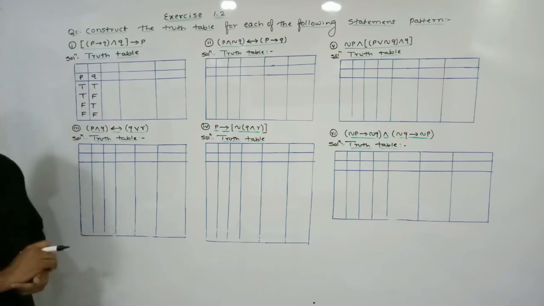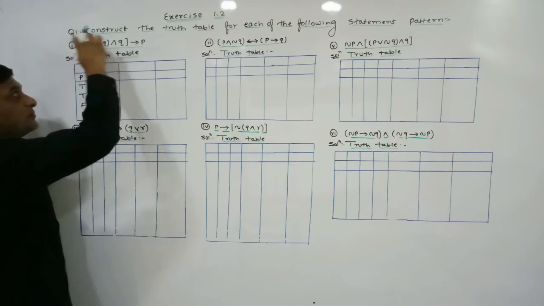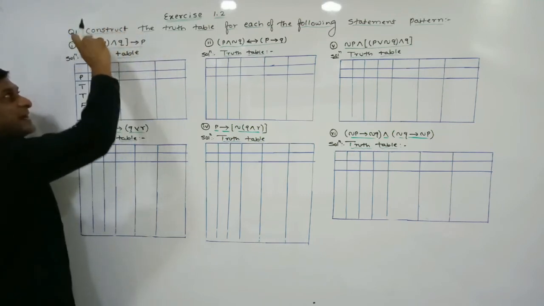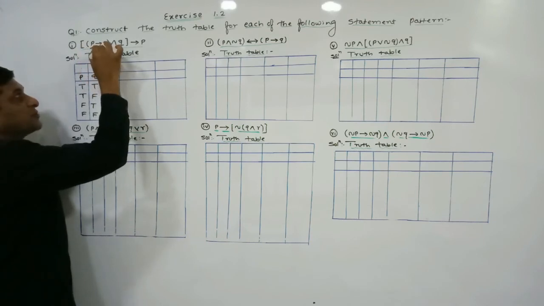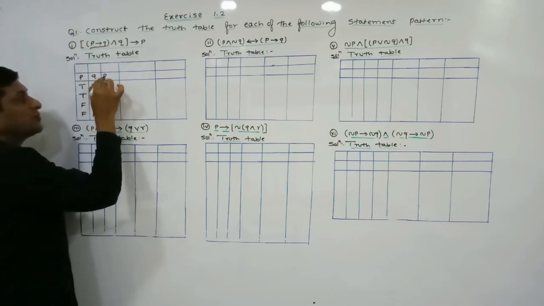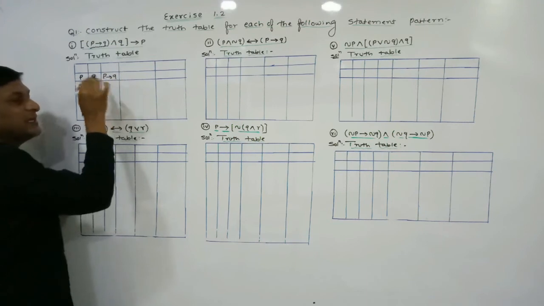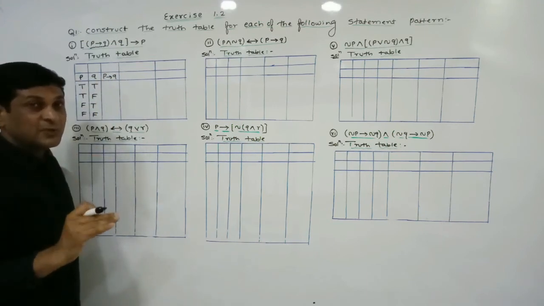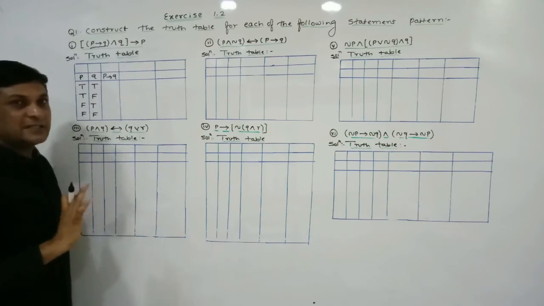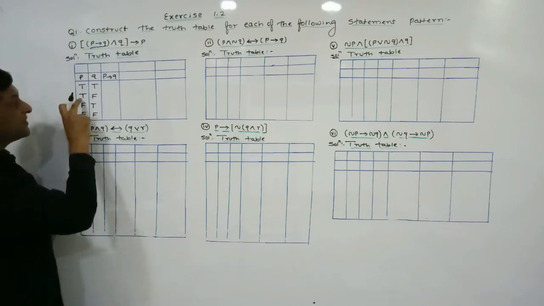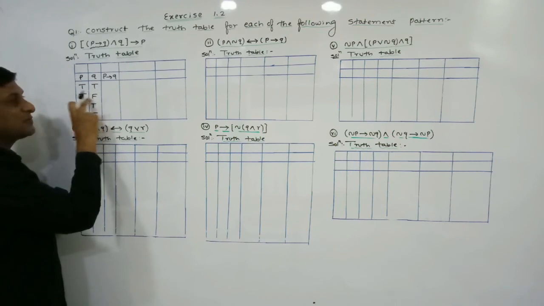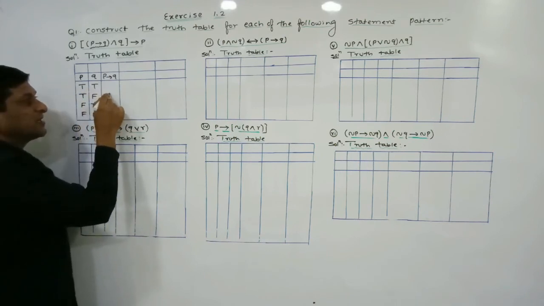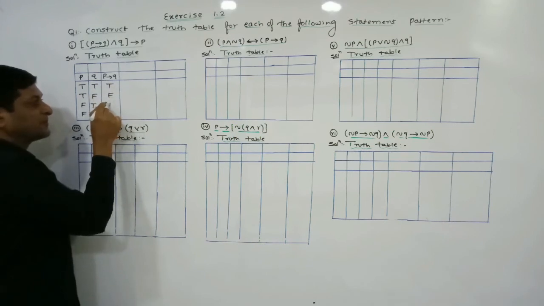Now let us try to construct the truth table of this statement. First we find the truth value of this bracket, so let us find first the truth value of P implies Q. In case of implication, simply remember that if the first statement is true and the second statement is false, at that time only implication is false. The first statement true and second false appears here, so here only the statement is false, otherwise it is true, isn't it?